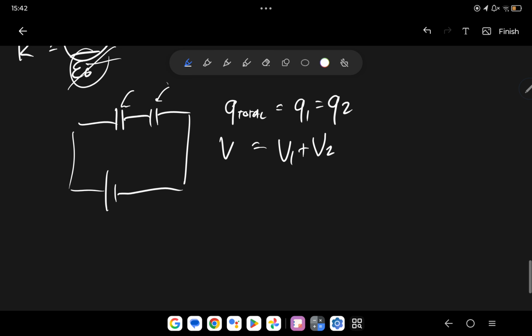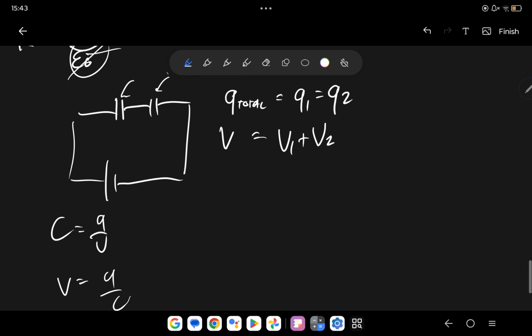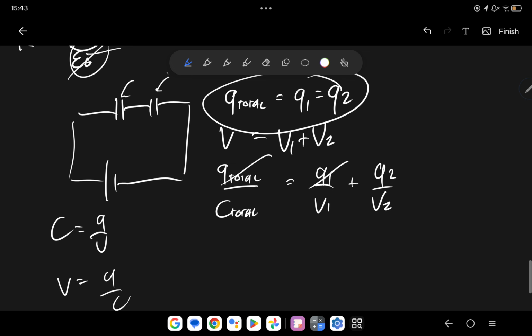What about the capacitance? Well, let's remember. C = Q/V. I see. V = Q/C. So Q total, C total, Q1 V1, Q2 V2. But oh wait, it's the same.